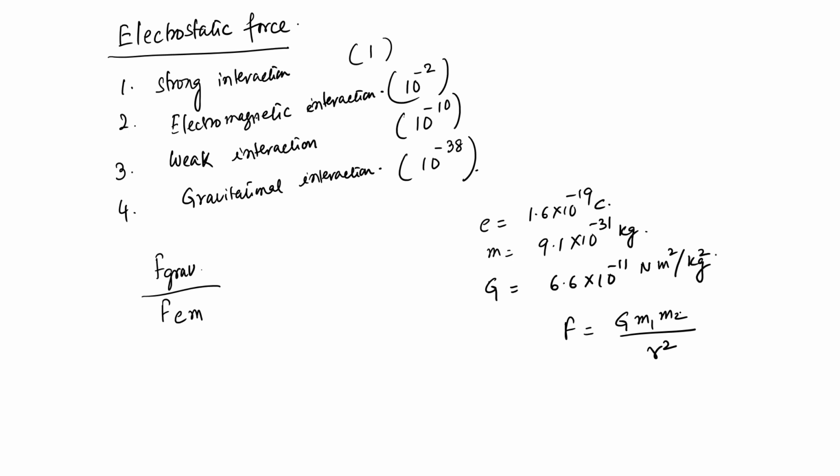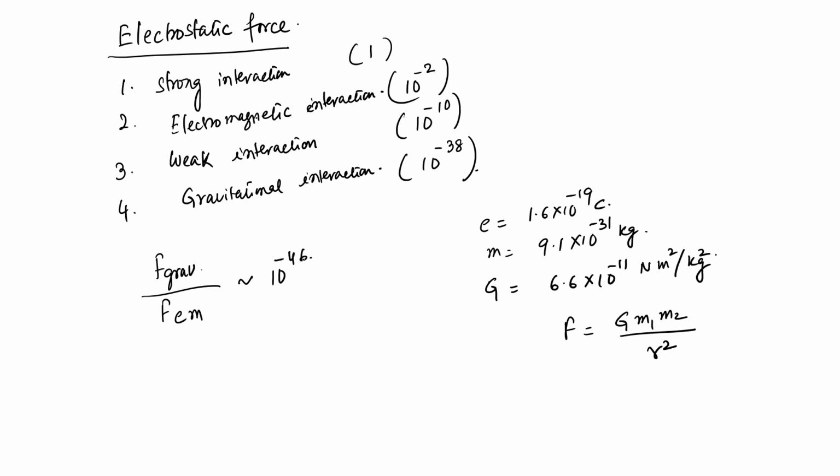So, we are trying to calculate what is the gravitational force between two electrons, with respect to the electromagnetic force, which will be k into e square by r square. If you keep them at the same distance, the distance will cancel out when you take the ratio, and this really comes out as 10 to the power minus 46.